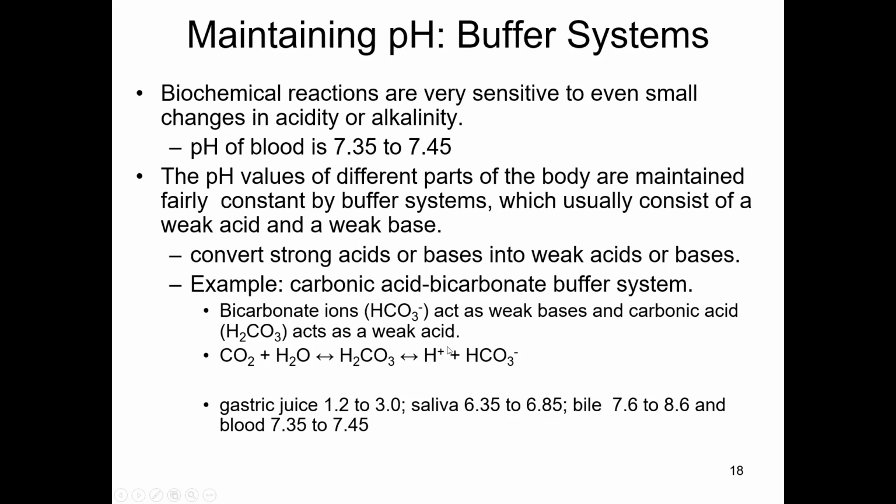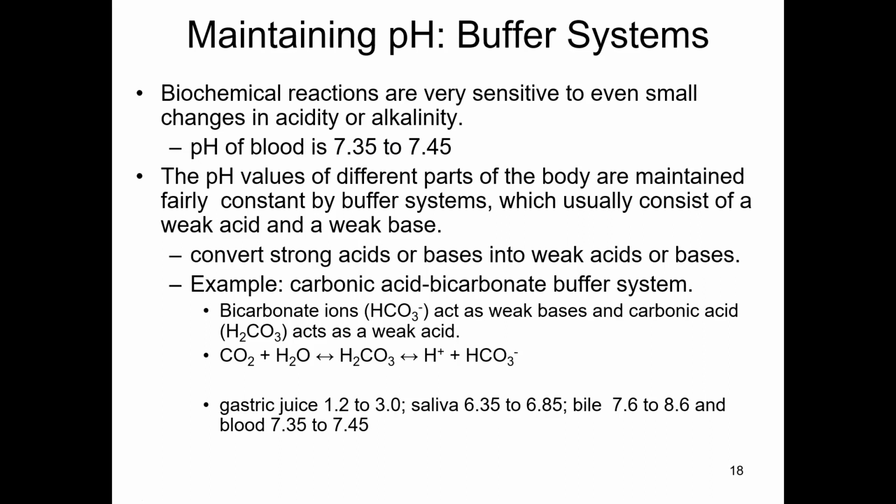So we neutralize, we take out these hydrogen ions, and so we lower the number of hydrogen ions, we lower the concentration of hydrogen ions. And so this is one example of how buffers can return pH to the normal homeostatic pH value.